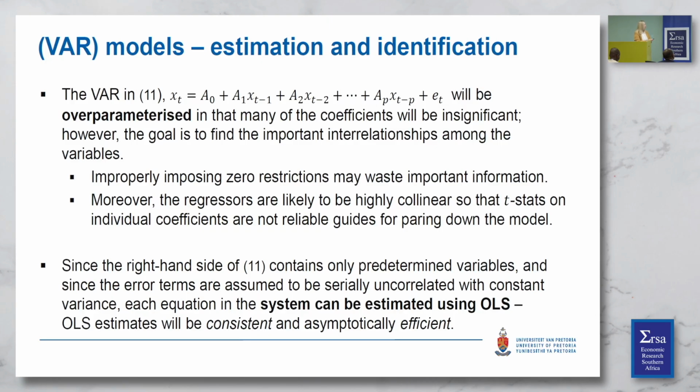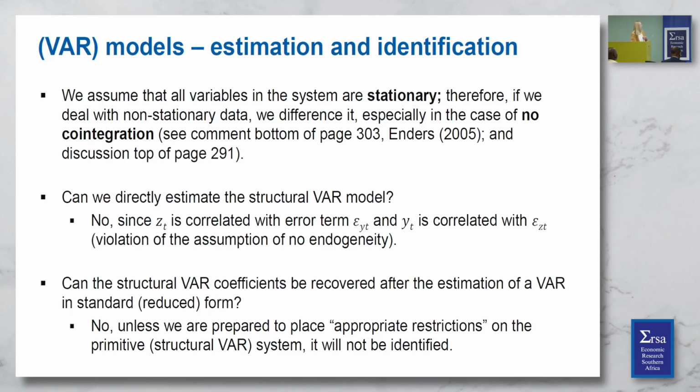Then we can estimate, and what we will find are consistent and asymptotically efficient estimates. Of course, if we have correlation, it's no longer the case. But that we typically fix by extending the order of the VAR. So if you in the end find correlation, it may be an indication that you should have worked with a higher order VAR.